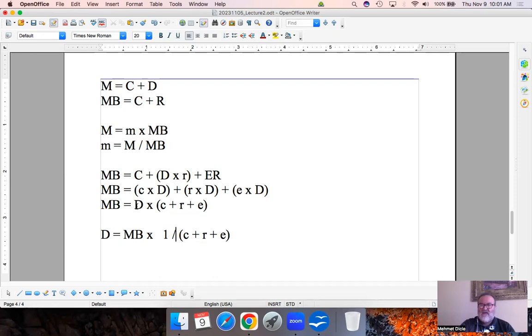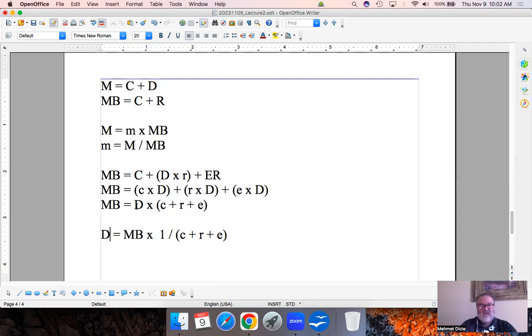So the deposits are equal to the monetary base times 1 over the currency ratio, required reserve ratio, and excess reserve ratio. I still have the D, so I need to get rid of it, right?